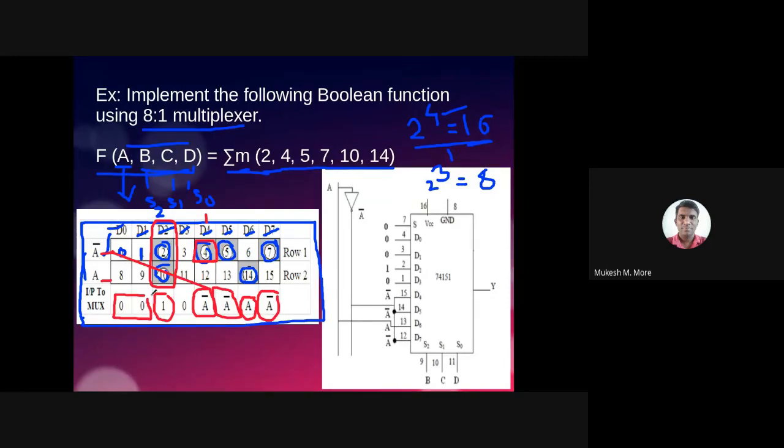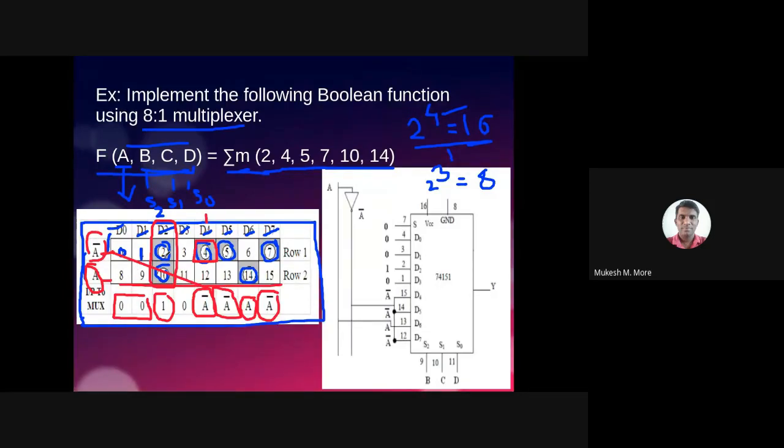Now the next part is that we have used the implementation table. First I have written the D0 to D7 columns. Then we have to design the circuit for A. I am writing A bar and A. After that, I have numbered the cells 0 to 7 and 8 to 15.